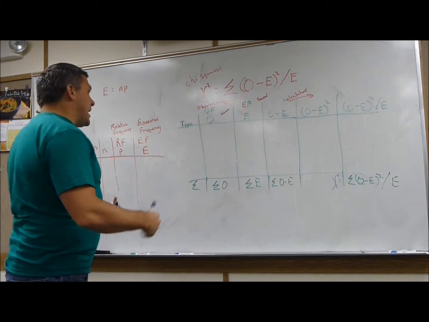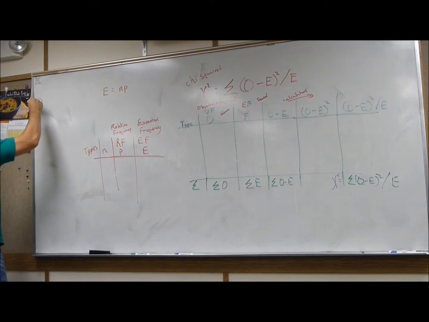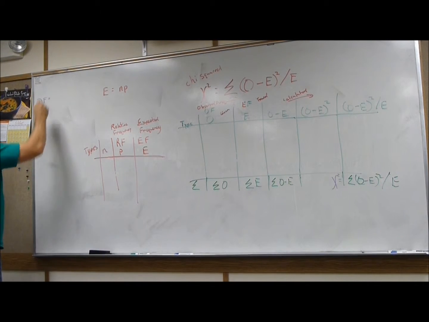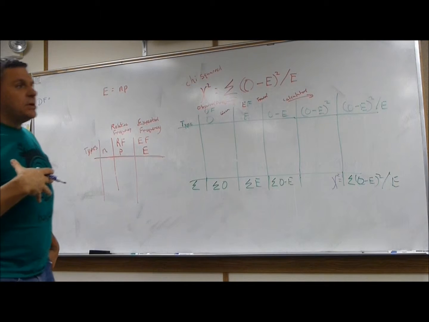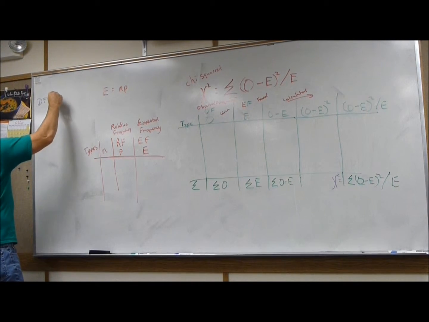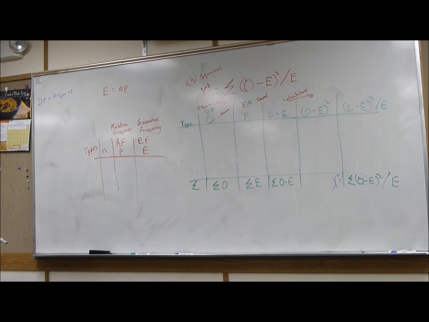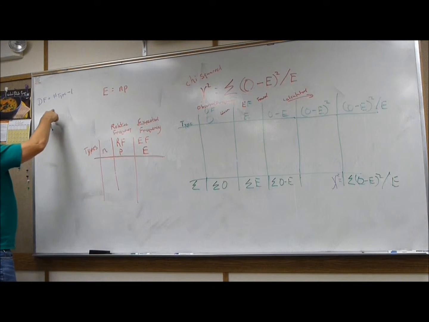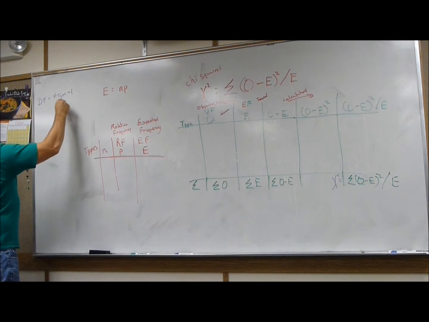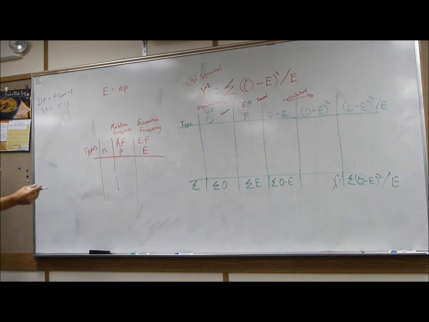In addition to that, we're going to look at our df, which is equal to the number of types minus 1. Number of types is also looked at as R, so df is equal to R minus 1.